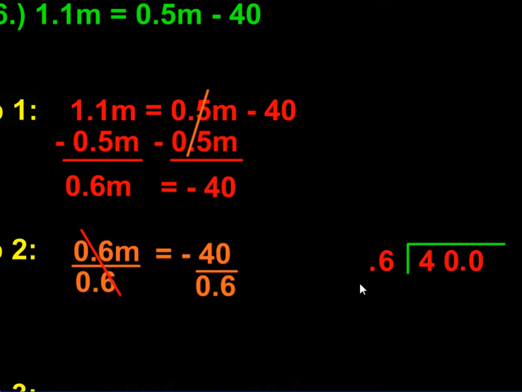So my 0.6 goes to the outside, and my 40 goes to the inside. Now, remember, you cannot divide with a decimal out here, so we have to move it one time, which moves this from 0.6 to just being 6. And since I moved it in the divisor, I have to move it in the dividend, which makes it 400 here. So now I'll be dividing 400 by 6.